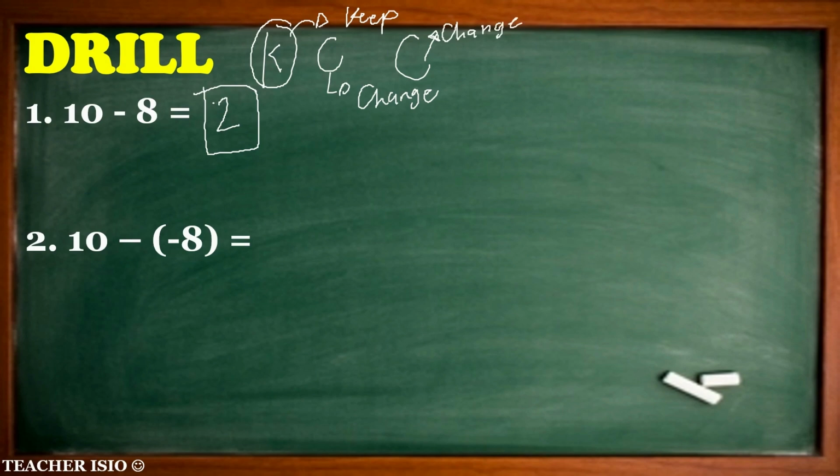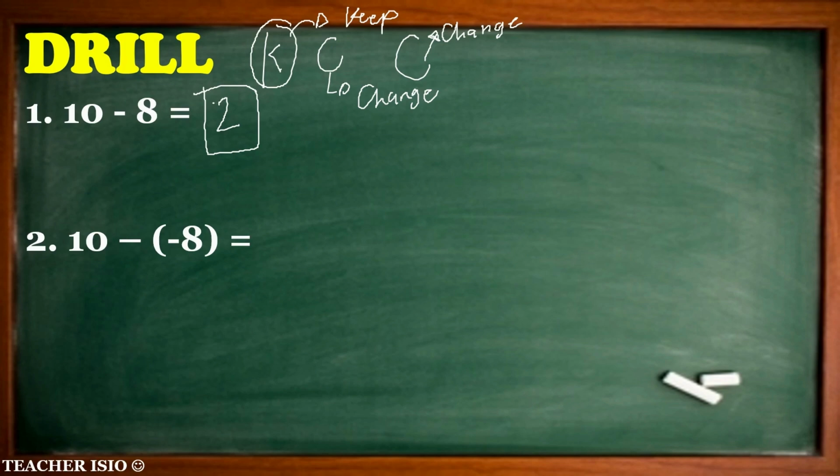When we say K, it means we're going to keep the minuend. Next, C means we're going to change the operation into addition. And then another C, we're going to change the sign of the subtrahend. In short, if it is positive, it becomes negative. If it is negative, it becomes positive.